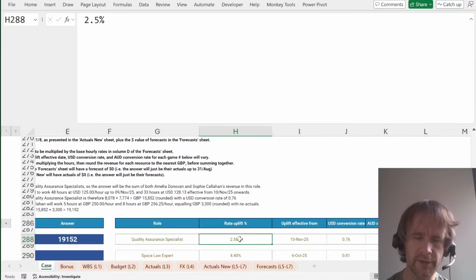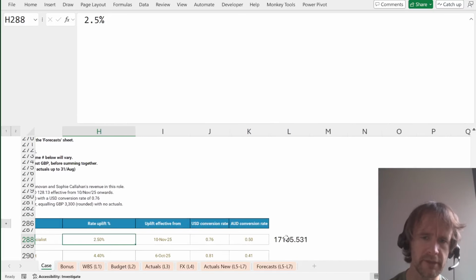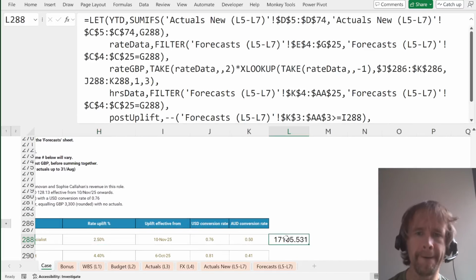Oh, this isn't the issue right now, but I also haven't factored in this rate uplift changing. Oh, bloody hell. Okay.